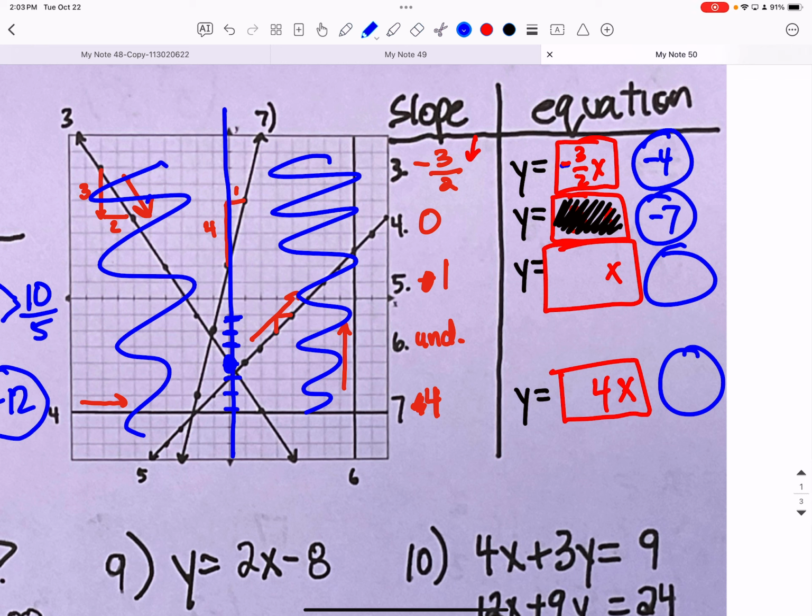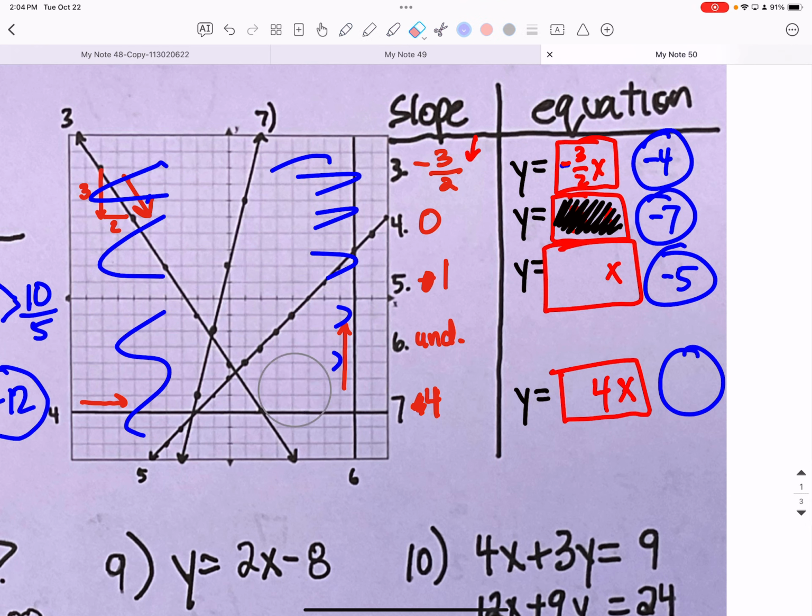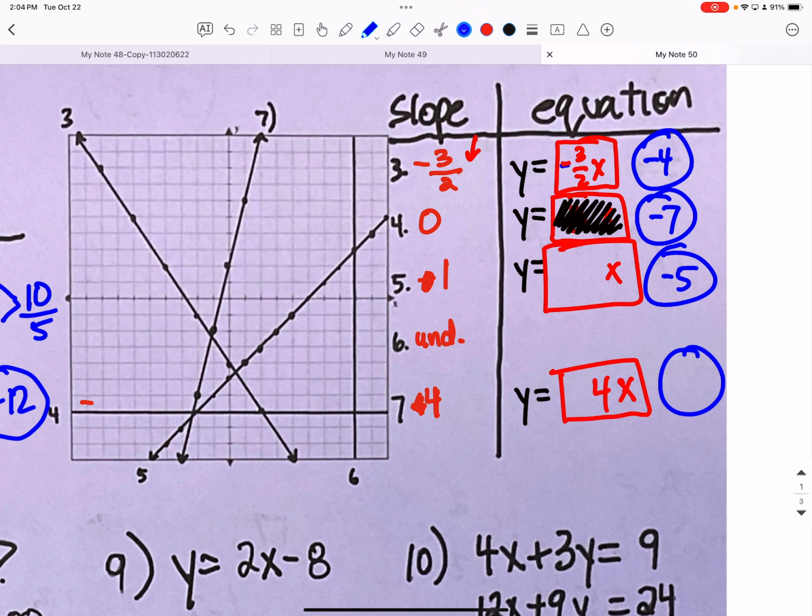Number 5 starts down there at -1, 2, 3, 4, 5. And number 7 is up here at, I can't see anything anymore. Number 7 is up here at +2.